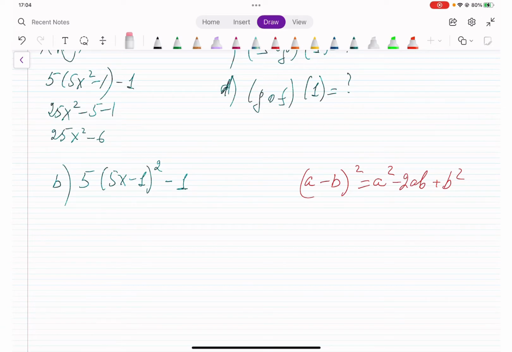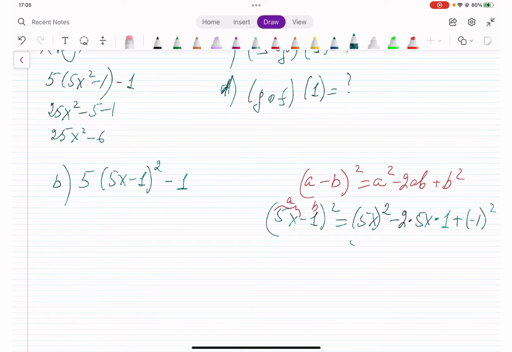So let's see, (5x minus 1) squared. My a is 5x and my b is negative 1. And I'm getting a squared, which is going to be 5x squared, minus 2 times a, which is 5x, and b is 1, and plus b squared, it's negative 1 squared.